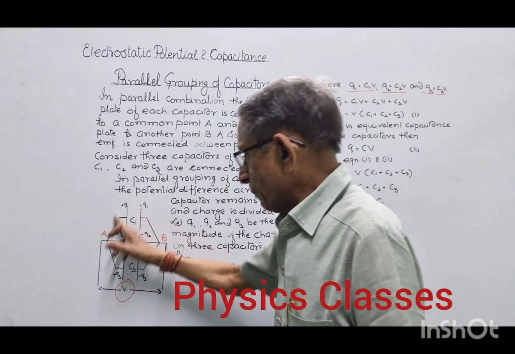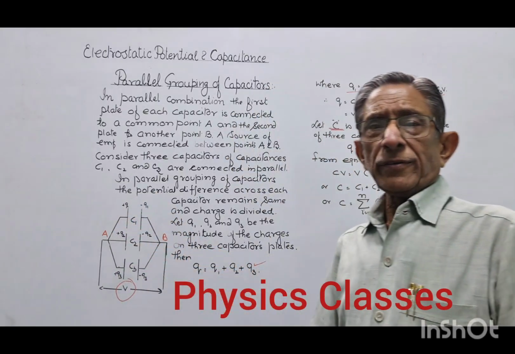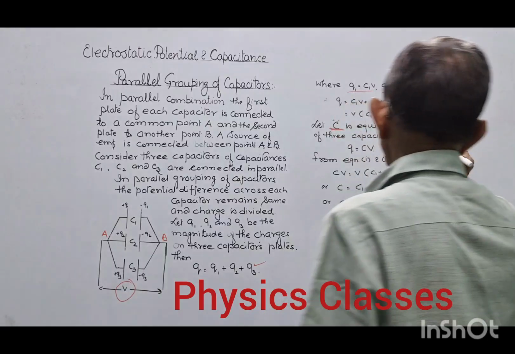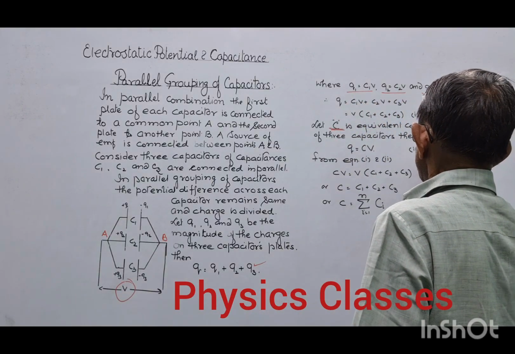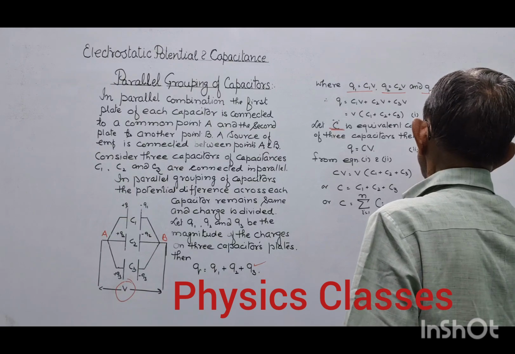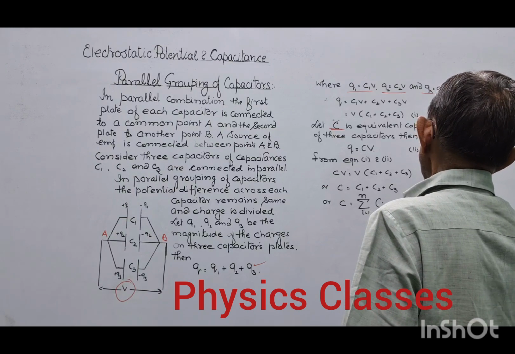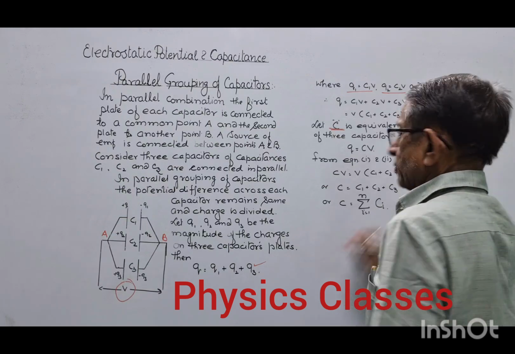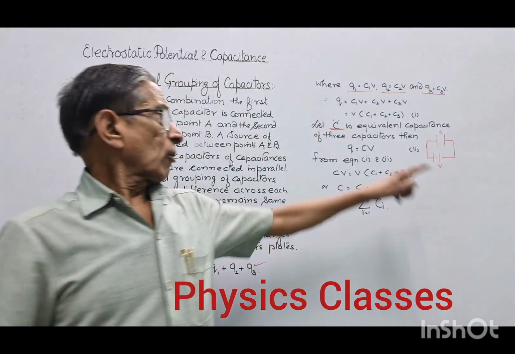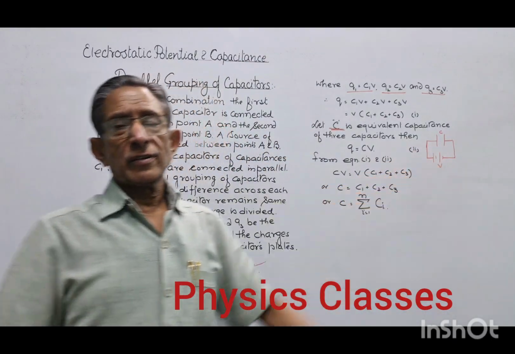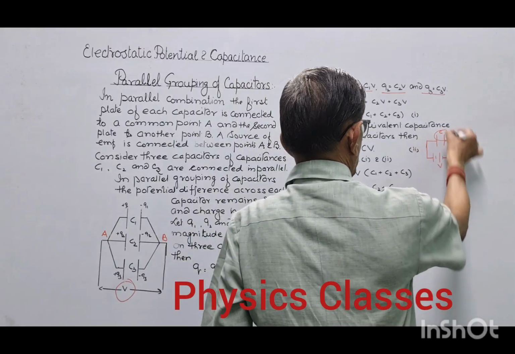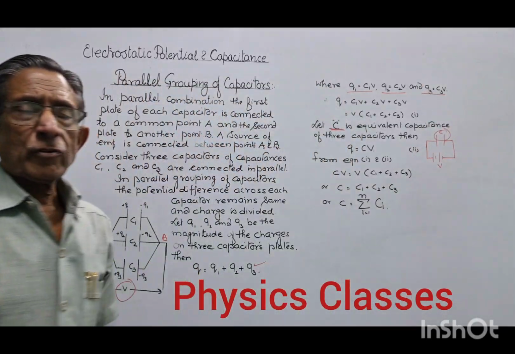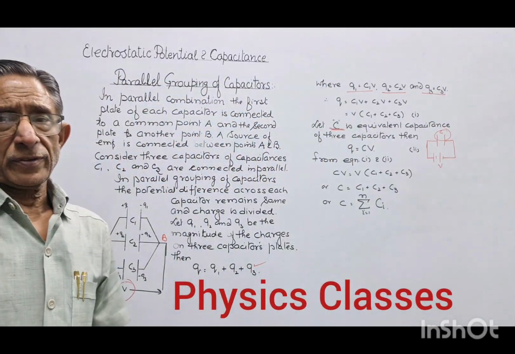If we replace these three capacitors with a single capacitor of capacitance C across V volt, then it will also perform the same function. So the capacitance of this capacitor is called equivalent capacitance.